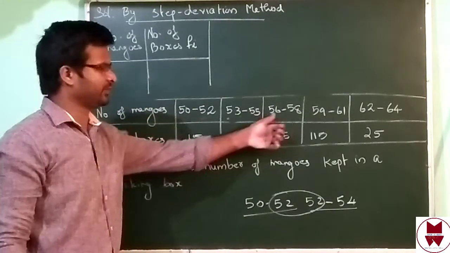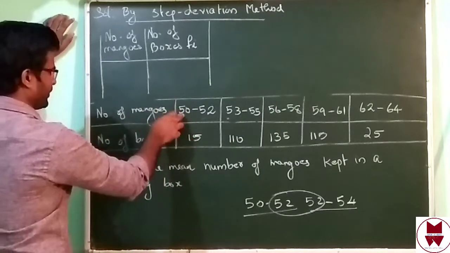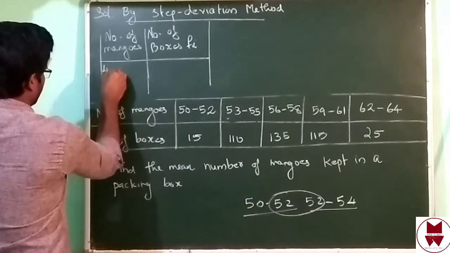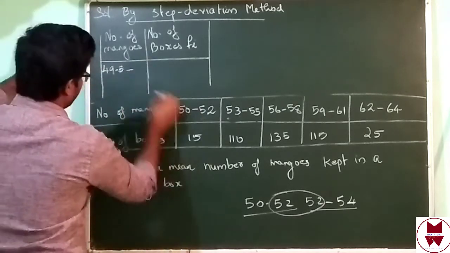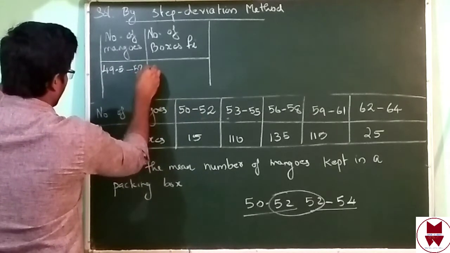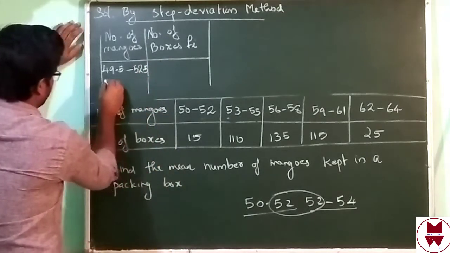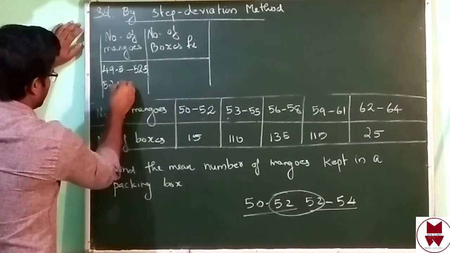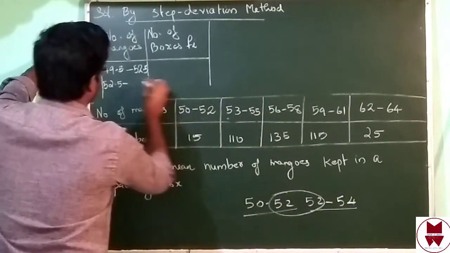Make it a continuous class interval. For that, instead of 50, I am going to write 49.5. Then 52 means 52.5, so we go up by 1.5. Then again write 52.5 up to 55.5.